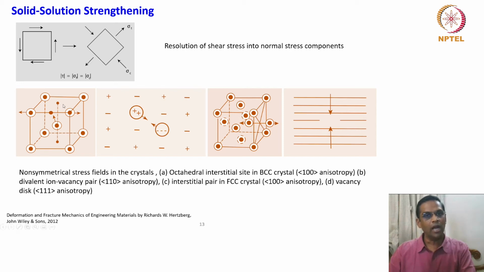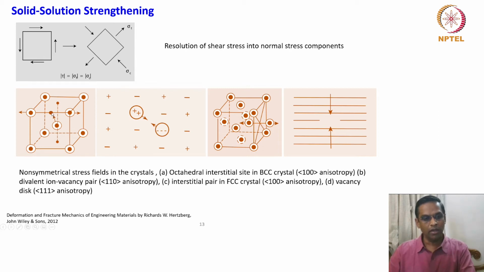And they have the anisotropy in the 100 direction as well as the 110 direction respectively. We have not shown the other one, but there is an anisotropy in these two octahedral voids itself.